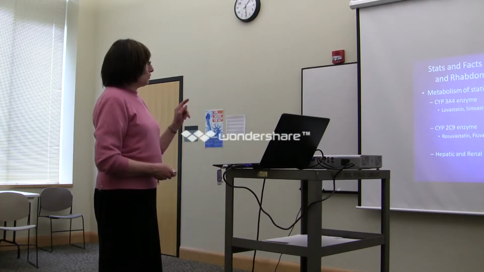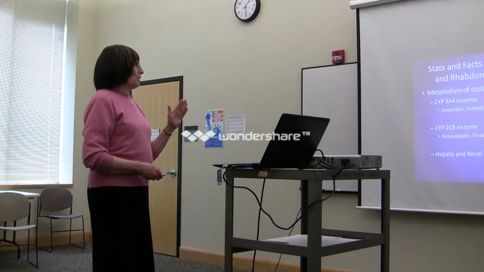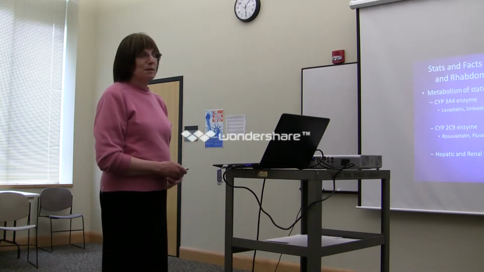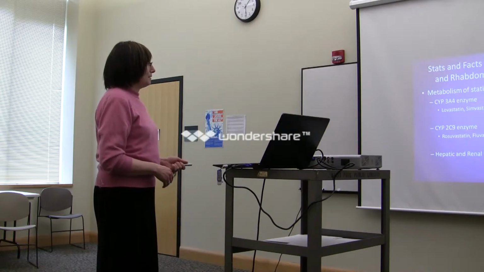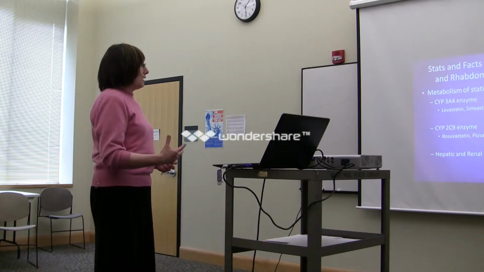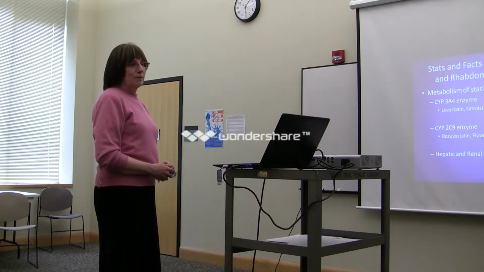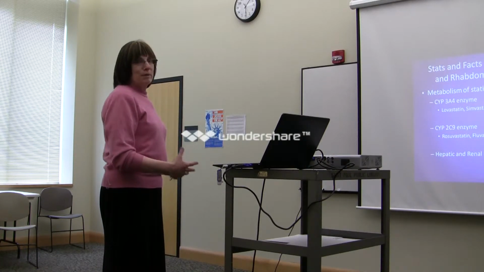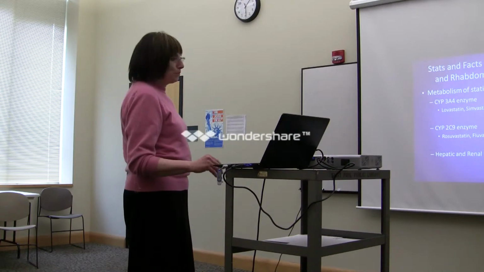So you will see later that those metabolized by 2C9 or by hepatic and renal metabolism do not have as much of a problem with myopathy, because it's not blocked by other 3A4 inhibitors.